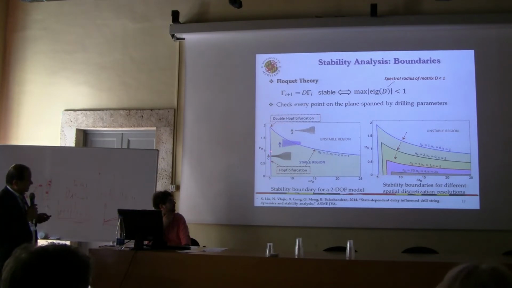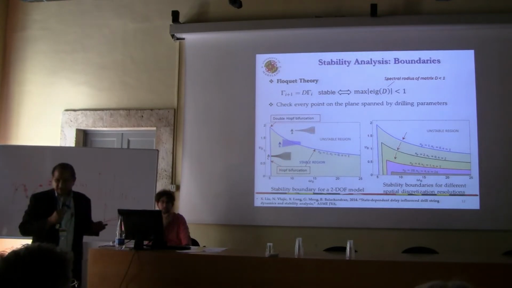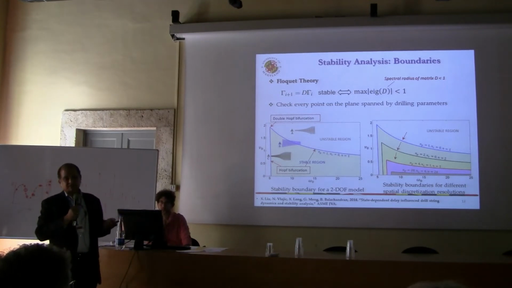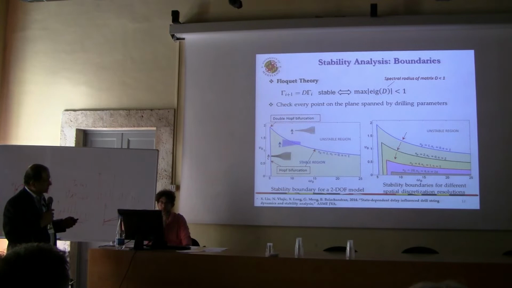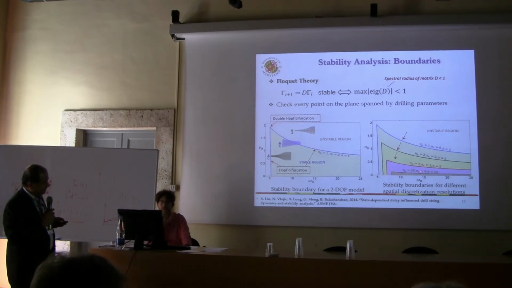Whereas if I hit any of these boundaries, which are loci of Hopf bifurcation points, I end up with a limit cycle motion. So in those cases, you end up with whirl dynamics or stick-slip dynamics in the system. However, interesting to note is that if I increase the number of segments, the stable region that I have available keeps shrinking in size.